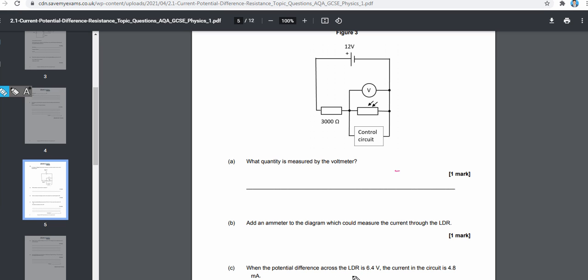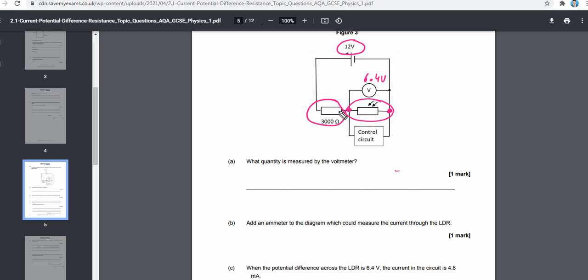The voltage across the LDR is 6.4 volts, so the voltage from here to here is 6.4 volts. As we have discussed, the voltage splits in series. This LDR, which is a type of resistor, and this simple resistor are attached in series, and the total voltage is 12 volts.